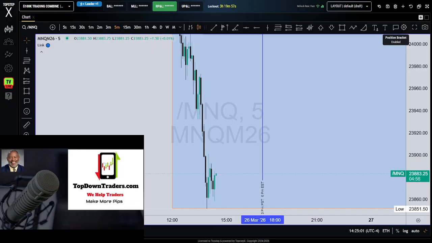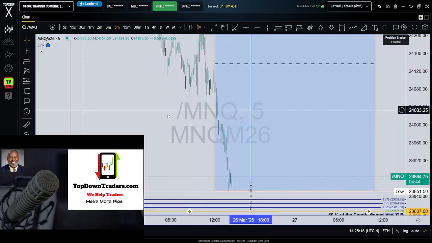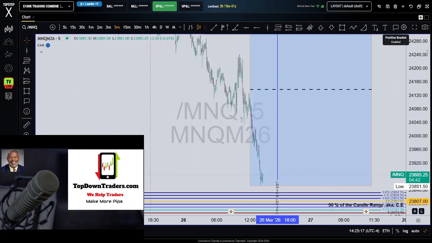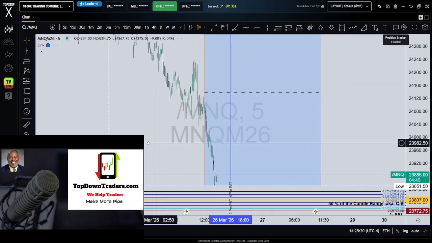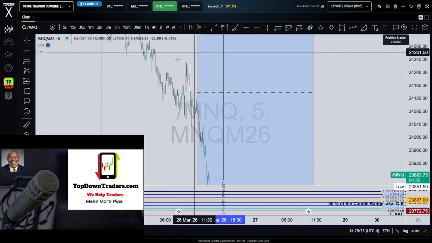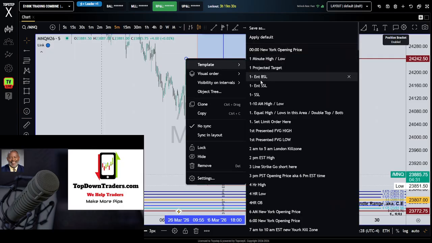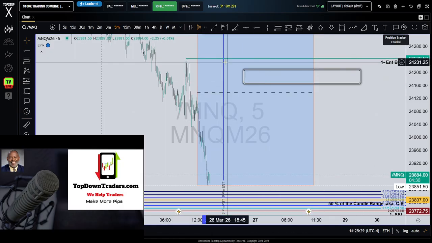There's a few more hours left in the afternoon session. I cannot trade until another 3 hours and 19 minutes and 49 seconds. But I'm preparing my chart for that open. I'm reading the price action, and I'm going to highlight some areas of interest, like this high right here. This is an internal buy side liquidity.